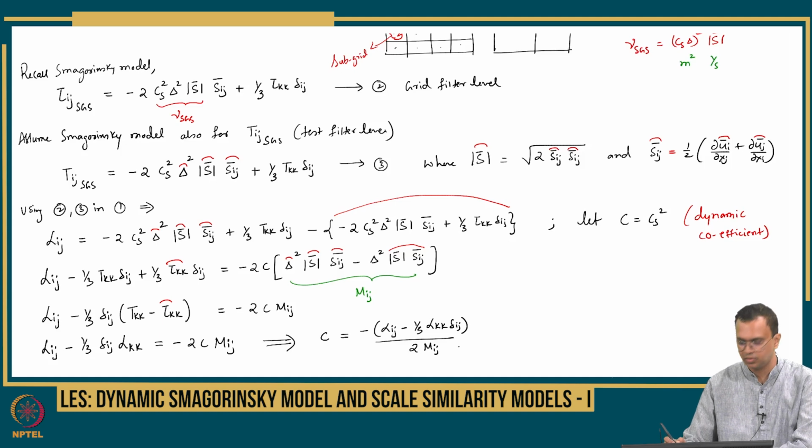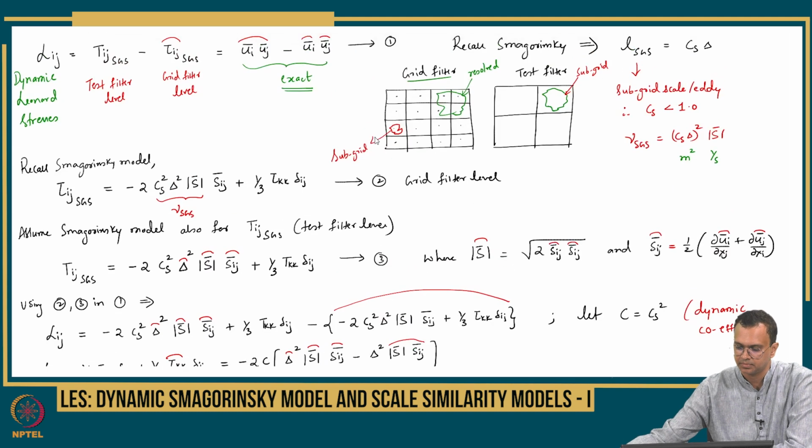So if you look closely now, Lij is exact, right? Equation 1, this particular part here. So on any grid level, I have access to resolved velocity. I do one test filtering operation to get Lij. Okay, so you have to do this at every time step. Dynamically at runtime you have to calculate this coefficient C, right?